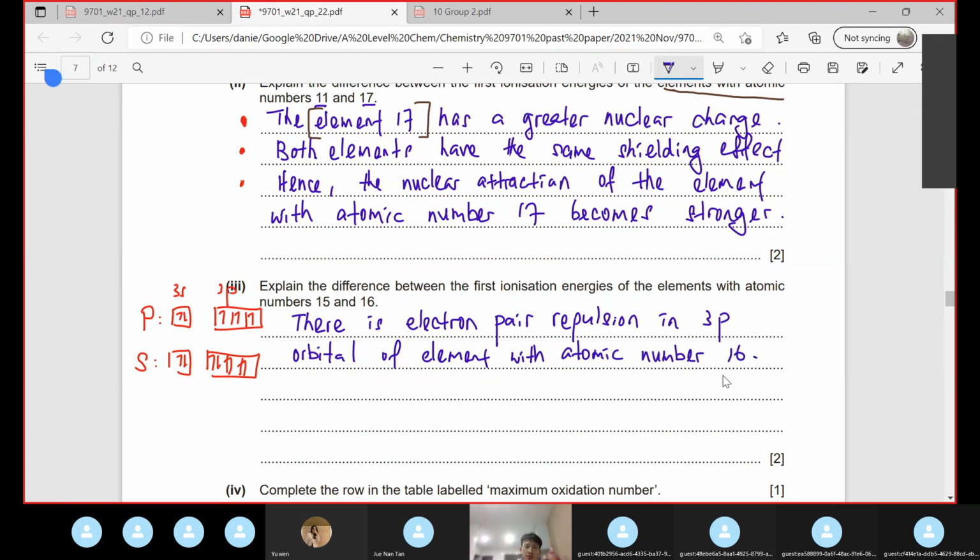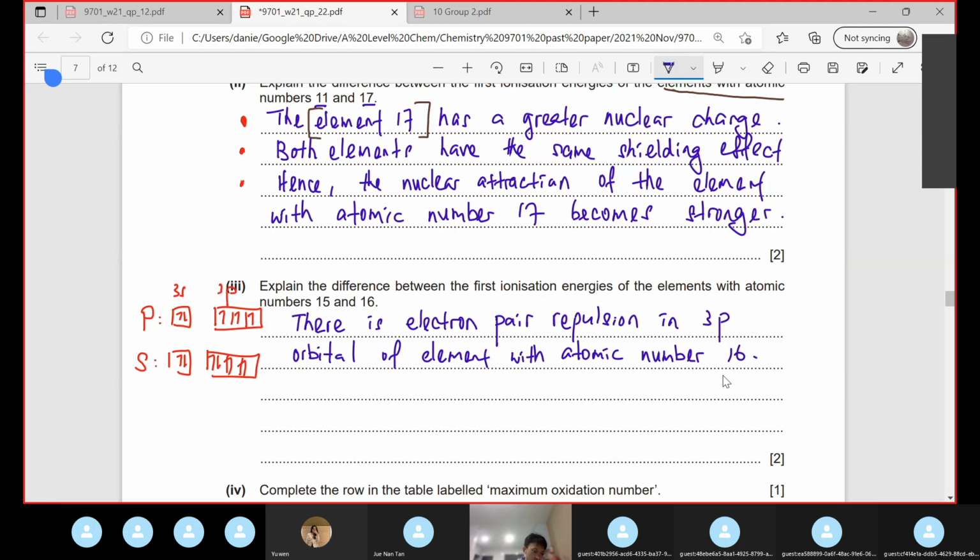As long as you mention about electron pair repulsion in which orbitals. Over here, I noticed in the mark scheme they highlight the 3p orbital, means they want you to write it down. So yeah, better you write it down. Then it is the element with atomic number 16. Yeah, correct.